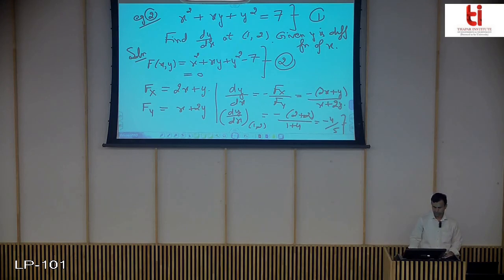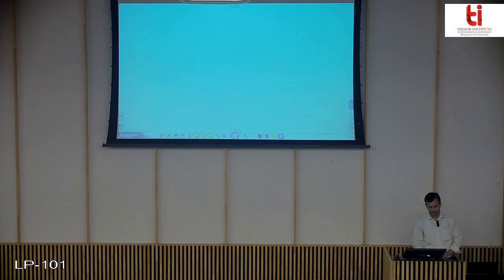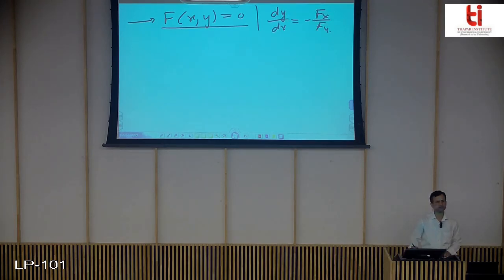So this is how we find the solutions using the formula in case the function is given in implicit form. Okay. So before coming to the next topic, I am just giving you in brief the idea of how this formula comes from the chain rule.